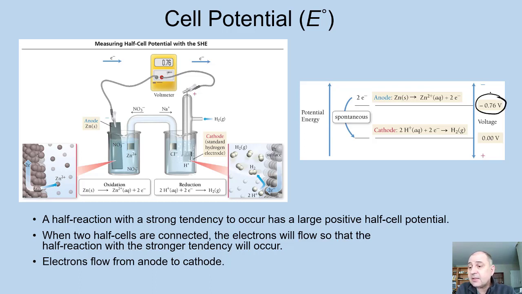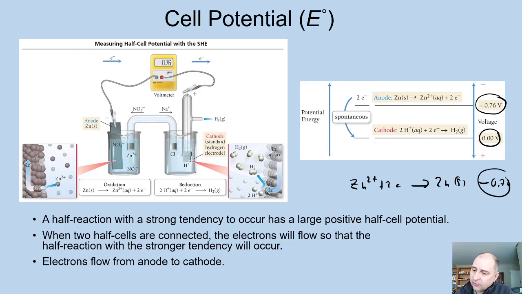And since this is a smaller number than 0, it would be listed below. So you'd find zinc 2 plus and 2 electrons going to zinc solid, and then it would have that negative 0.76.